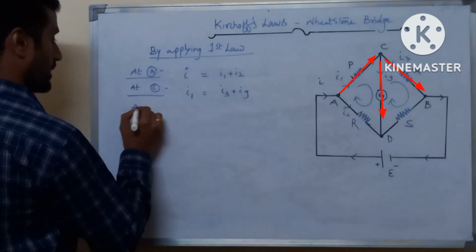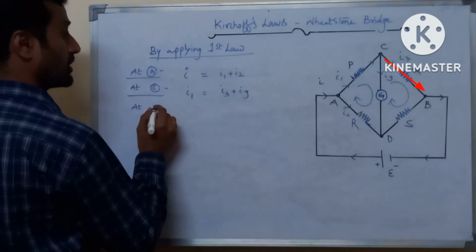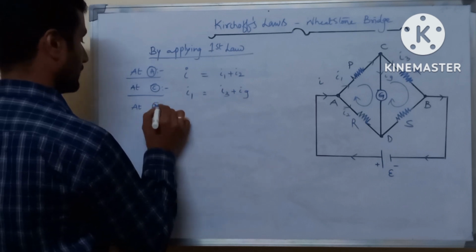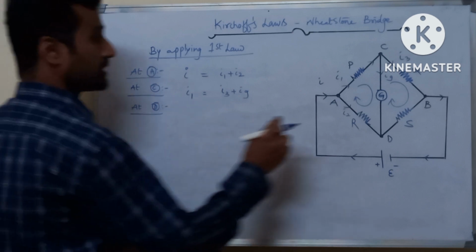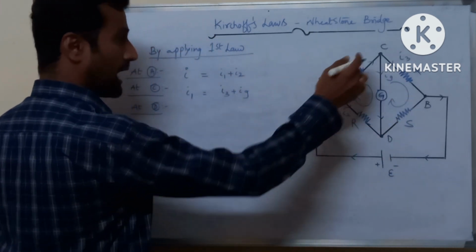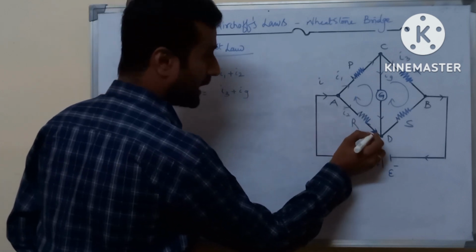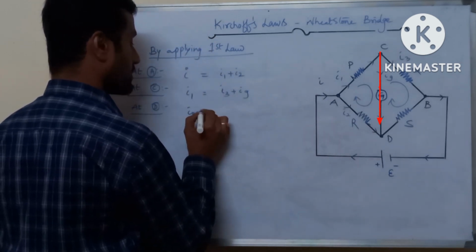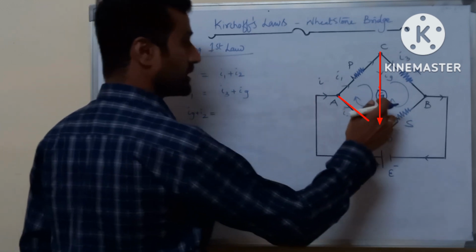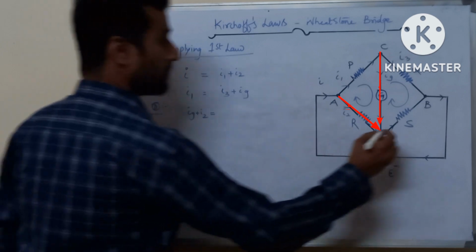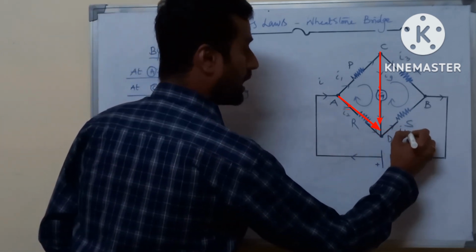In the same manner, at junction D, the sum of the currents entering the junction is IG and I2. So IG plus I2 is equal to the current leaving the junction, which is I4.